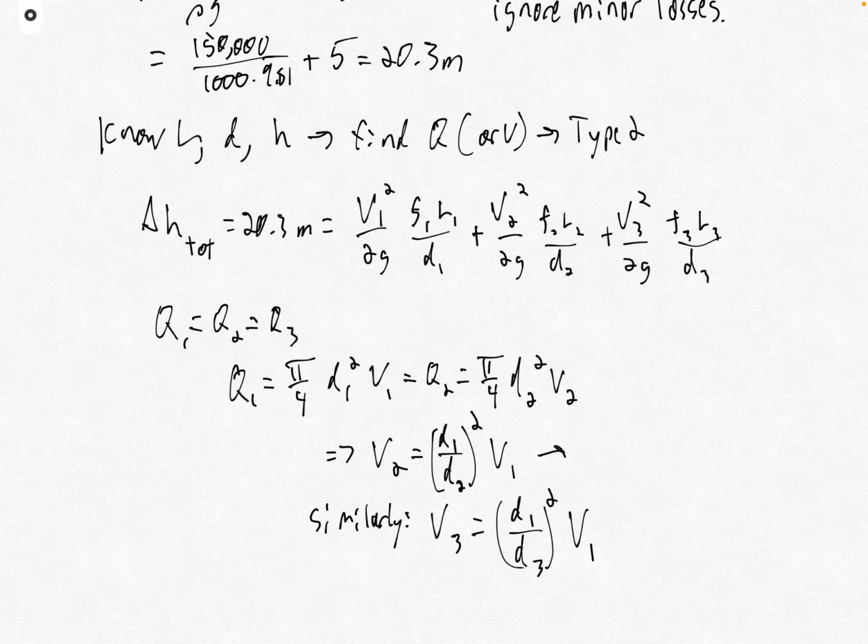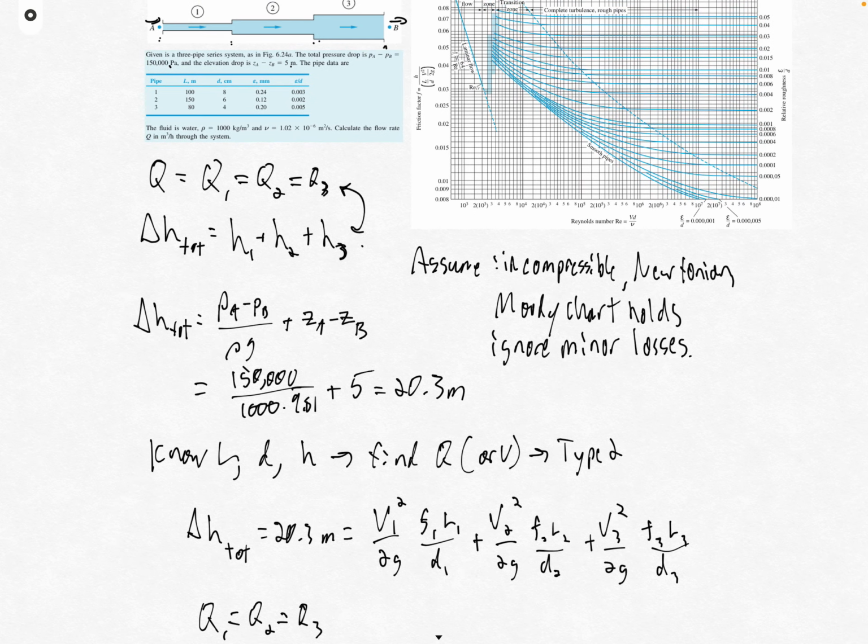And if we plug in our numbers for that, we're going to get that v2 is equal to 16 over 9 times v1, and v3 is equal to 4 times v1, just based on our known diameters of these pipes.